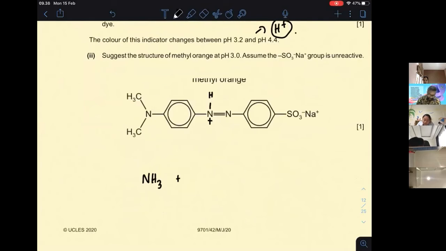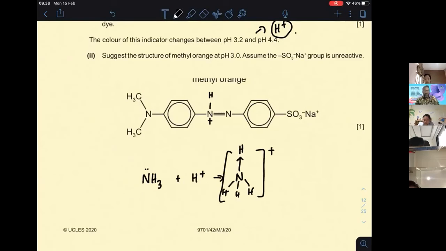When it wants to form a bond with H plus, the dative bonding, it is going to form NH3 joined with the H plus. So I need to make sure that the entire molecule is plus. That represents what has been happening over here, why there is a plus over there. So please take note.